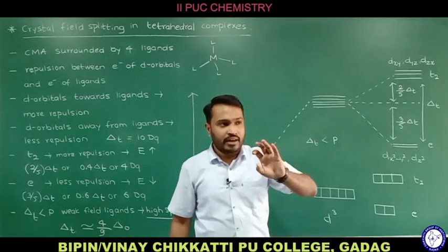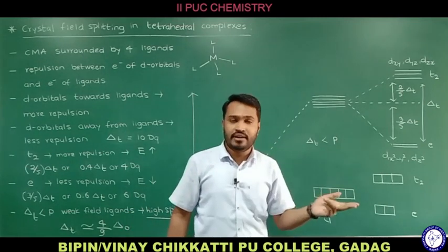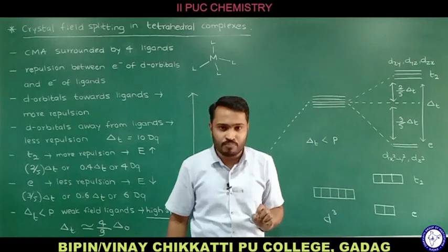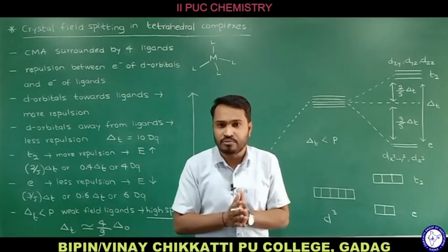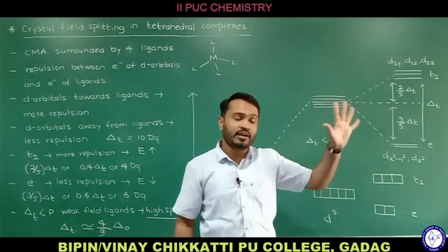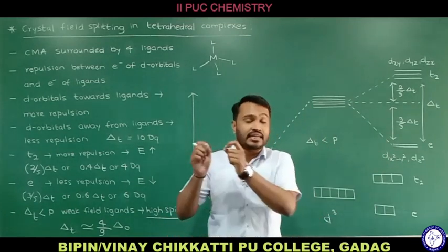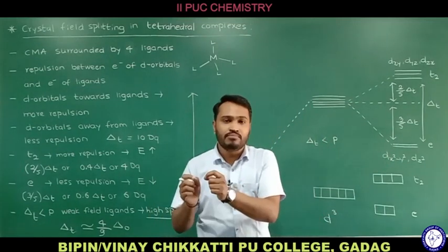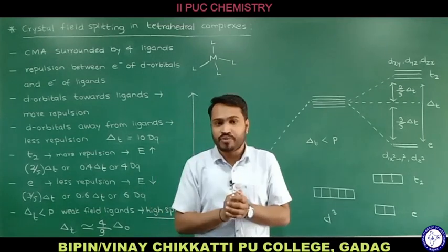So now let me compare the octahedral complex and tetrahedral complex. Try to remember the difference. In octahedral complex, the central metal atom is surrounded by 6 ligands, whereas in tetrahedral complex the central metal atom is surrounded by 4 ligands.